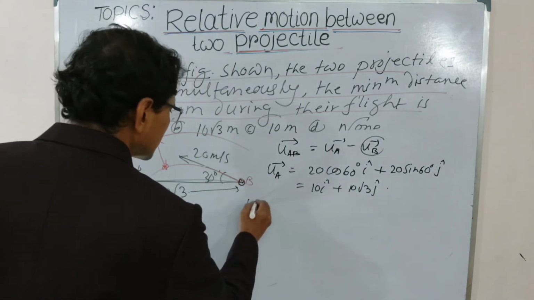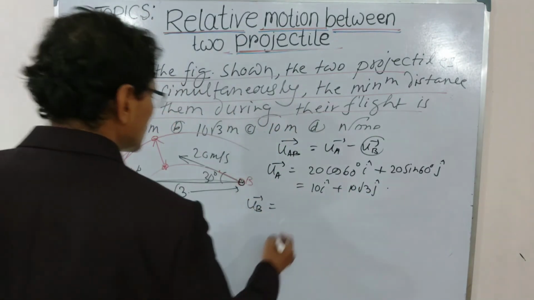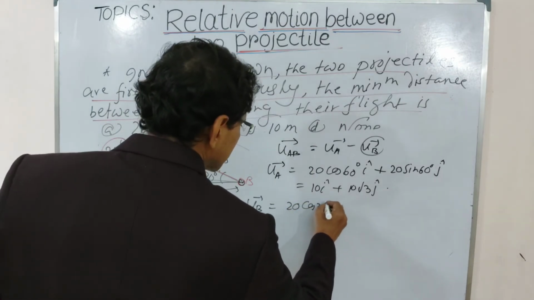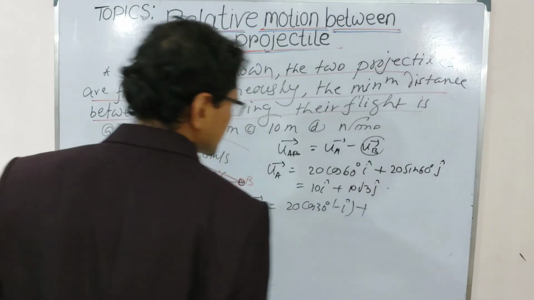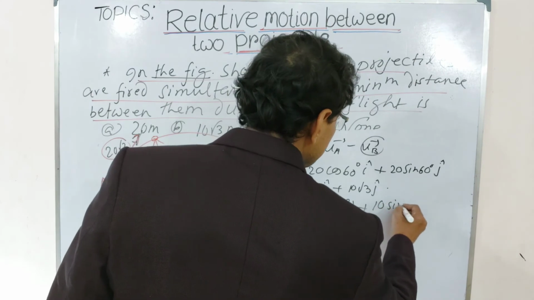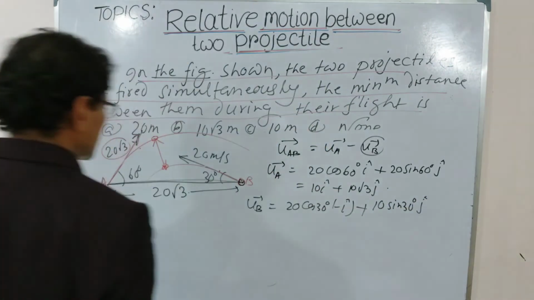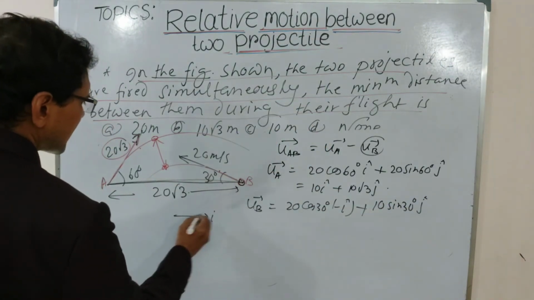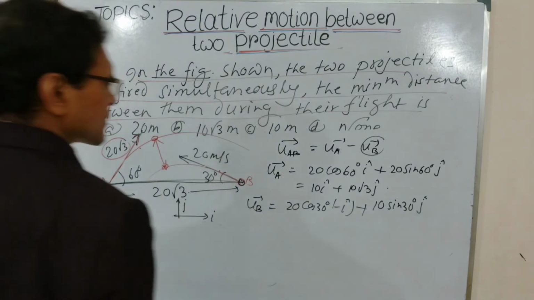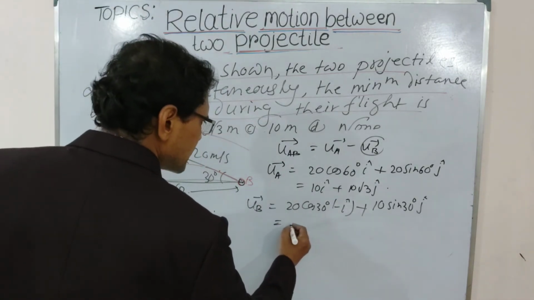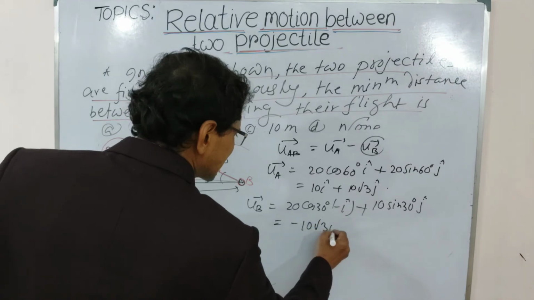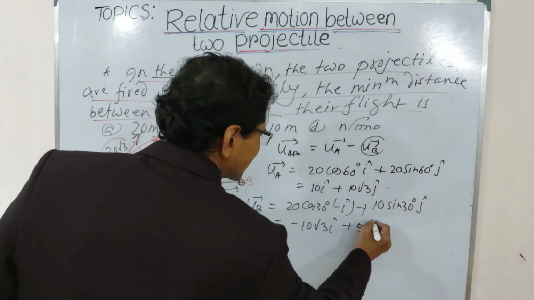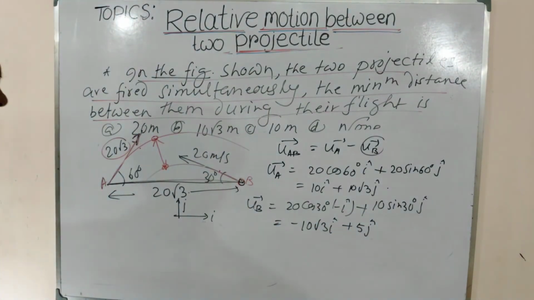This is UA, and UB equal to 20 cos 30 degree minus I plus, we take this along I and this is J, so root 3 by 2 J. So we get UA and UB.